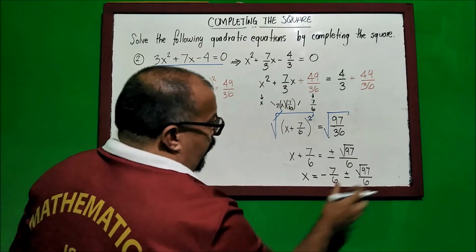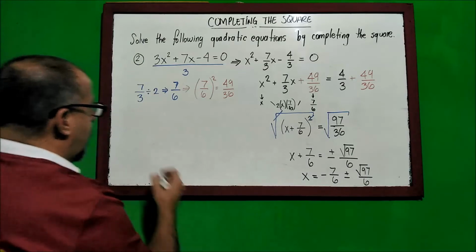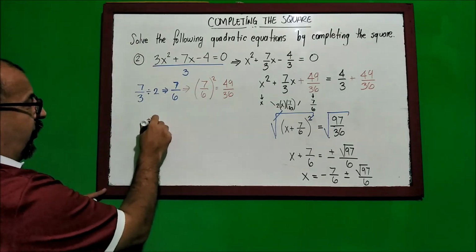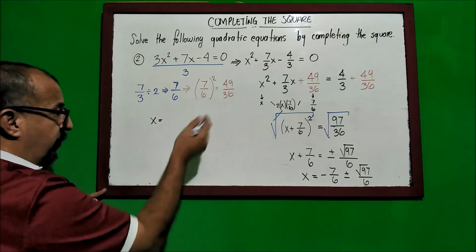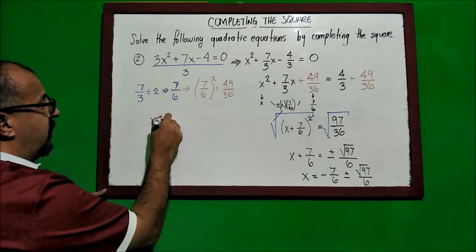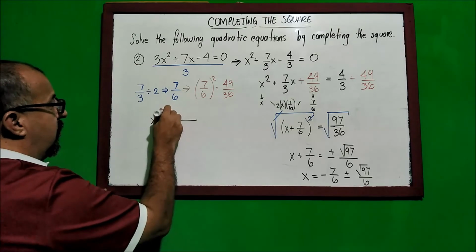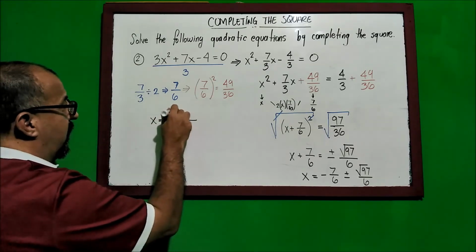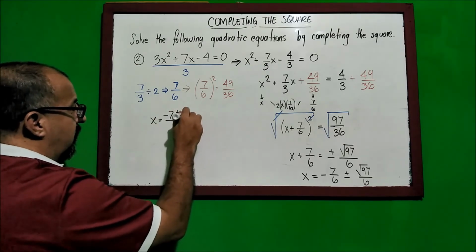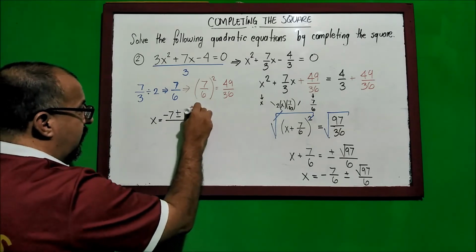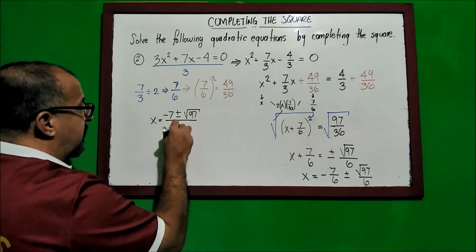And if you see here, we have the same denominator, so I can still write my answer the following way. If I want to simplify it, here we already have the answer. But in algebra, we don't waste any time doing these operations. Negative 7 plus and minus the square root of 97 and this divided by 6.